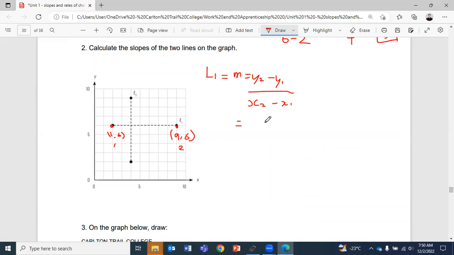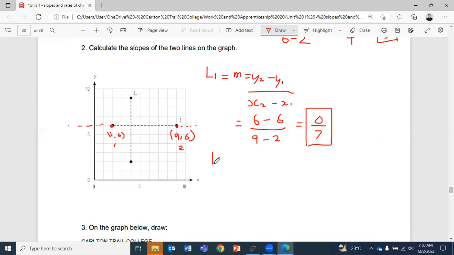So y2 minus y1 is 6 subtract 6, right? And then x2 minus x1 is 9 subtract 2. I get 0 over 7. So what this slope means is that I go up 0 for every 7 I go across. So this line is always going to stay flat forever.